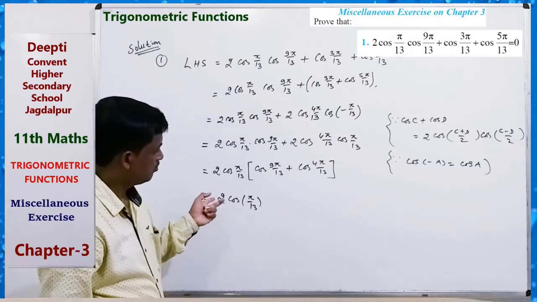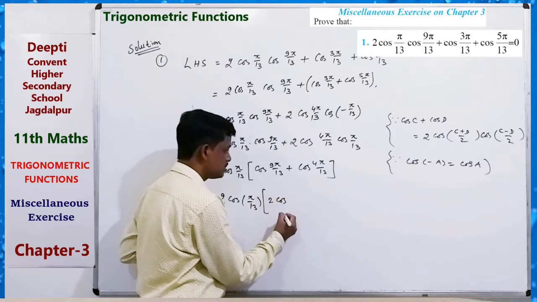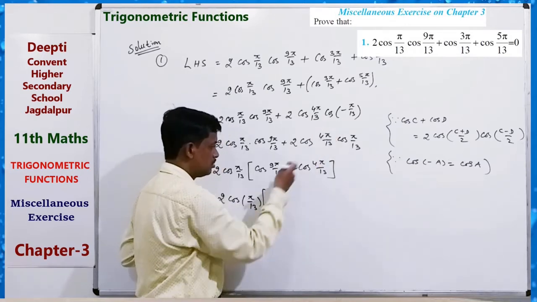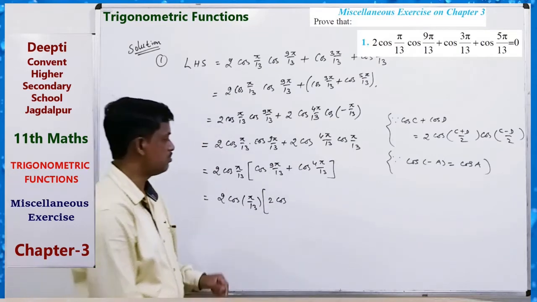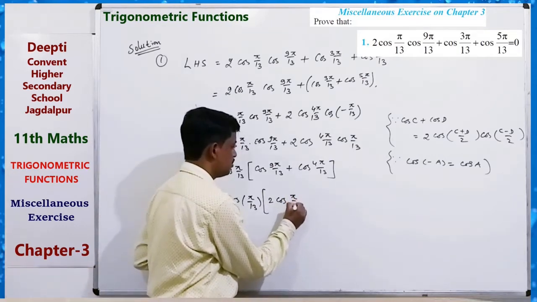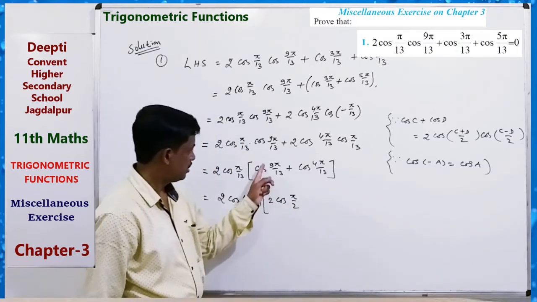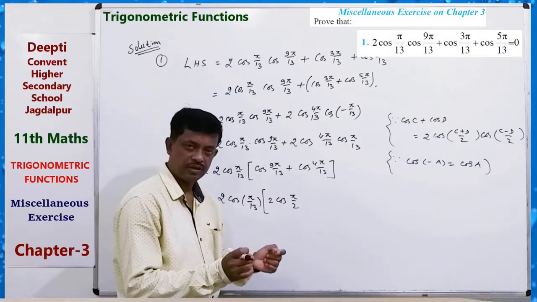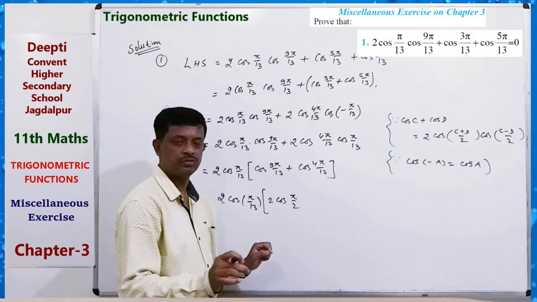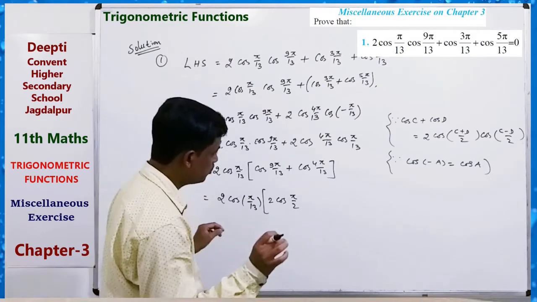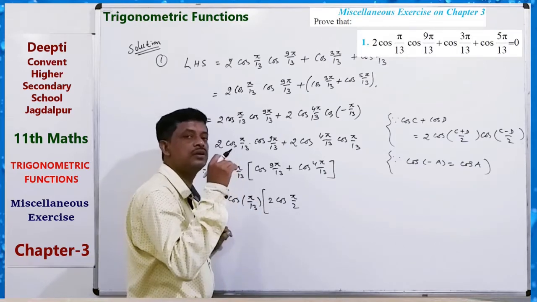Clear? Now 2 times cos of (9 plus 4) pi by 13 into 2, so 13 by 13 cancels, and we get cos pi by 2.